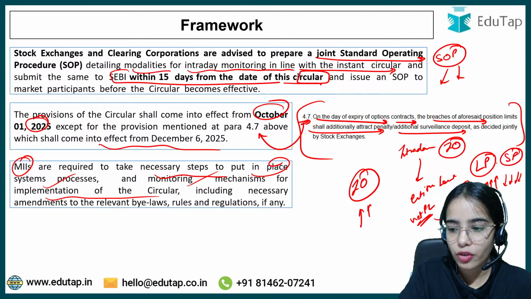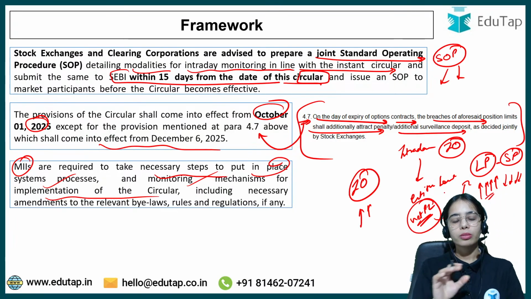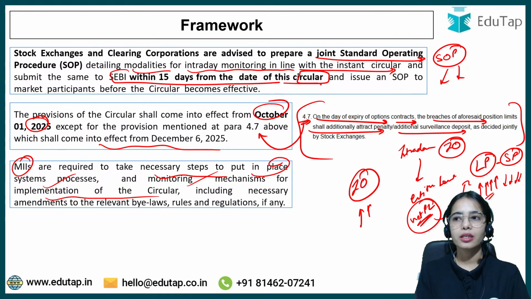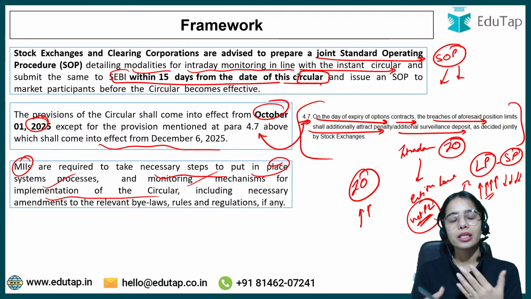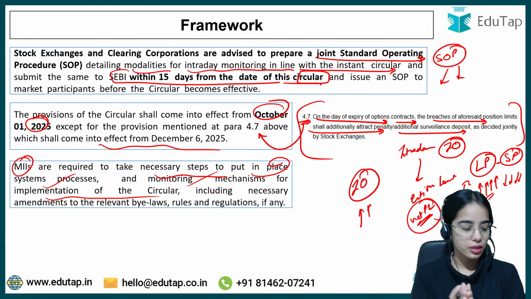That is the net of long position minus the short position. So this is the entity-wise limit: a single entity trading in the index option, how many positions they can take, how much trade they can do basically, so that they are not manipulating the market.